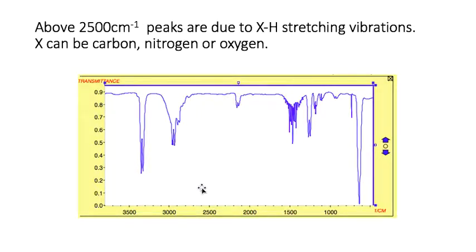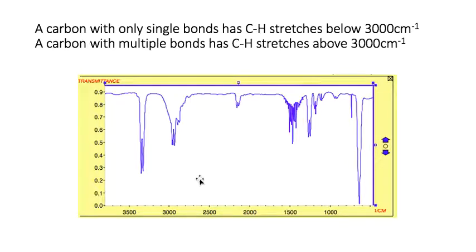Above 2,500, most of what's going on is something attached to a hydrogen, and then the hydrogen that's stretching. That can be either part of an asymmetric stretch or a symmetric stretch, but the hydrogen is moving, getting closer to and further from the heavy atom, the carbon, the nitrogen, or the oxygen. If the carbon has only single bonds, it's an sp3 carbon, methane, ethane, that sort of thing, then when the CHs are stretching, you're going to see peaks just to the low side of 3,000.